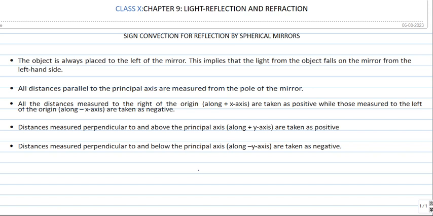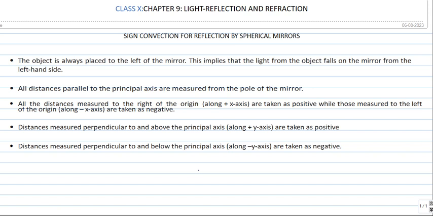Previously we saw what happens when light falls on a mirror, say if it is a convex mirror or a concave mirror. For both of them we saw the ray diagrams, we saw how the image is formed and all those things in the previous video.